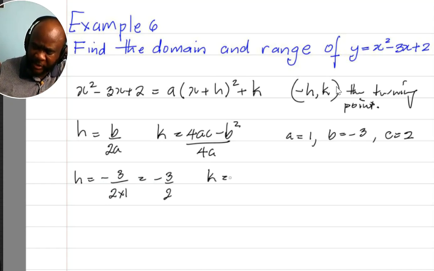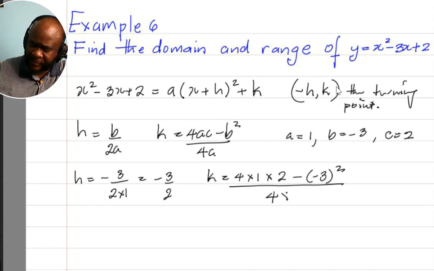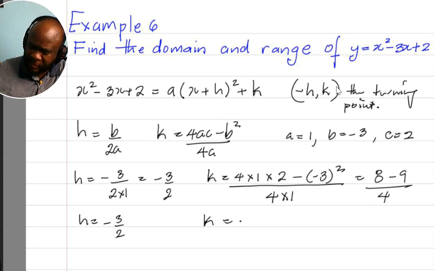And k would be equal to 4 times 1 times 2 minus minus 3 squared all over 4 times 1. So k would be 8 minus 9 over 4, so it will be minus 1 over 4.